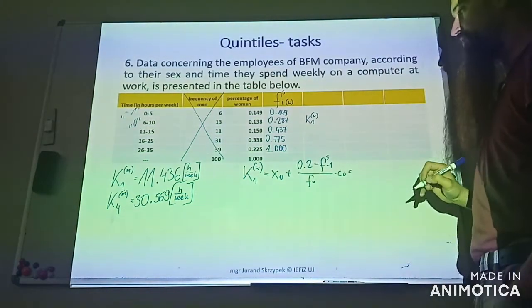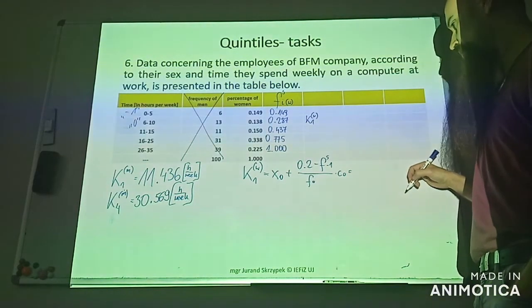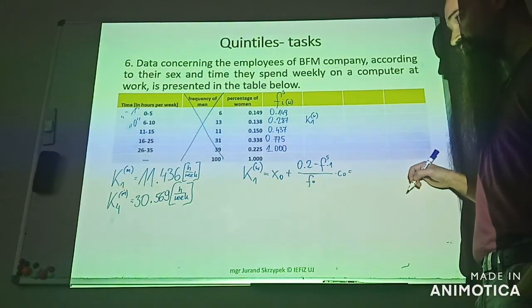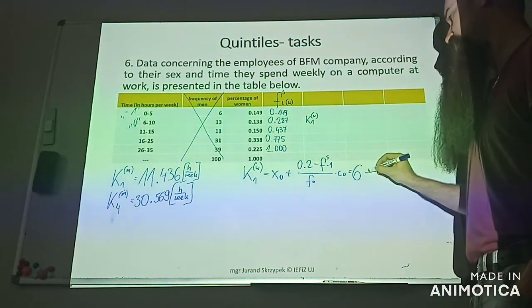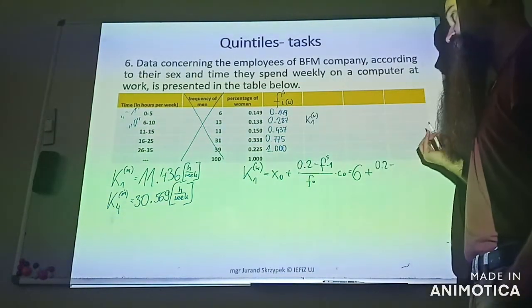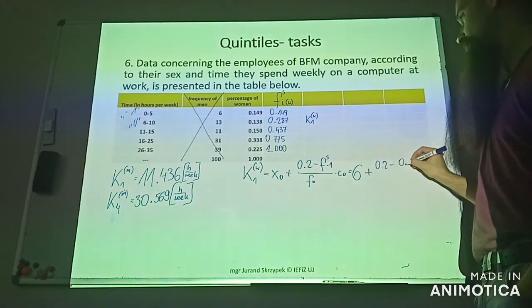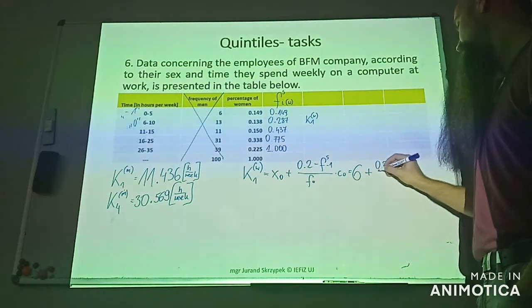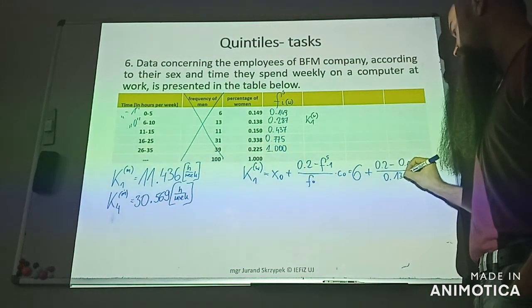In our example, we have the following values: 6 plus 0.2 minus the first cumulative relative frequency 0.149, divided by 0.138.